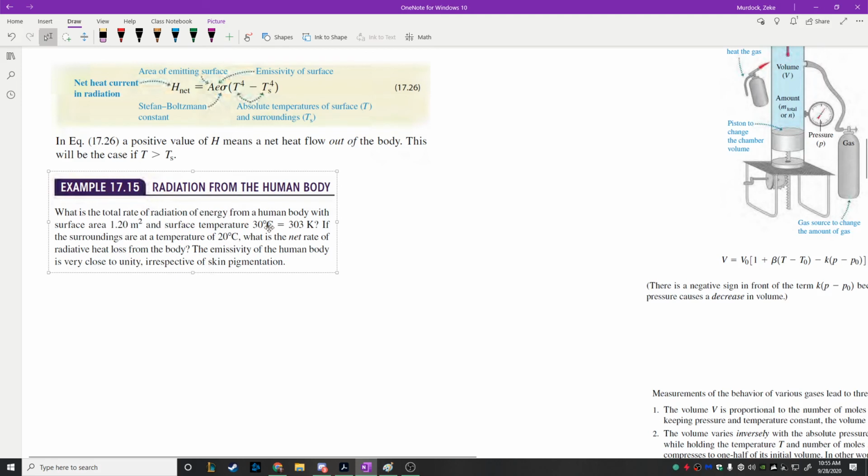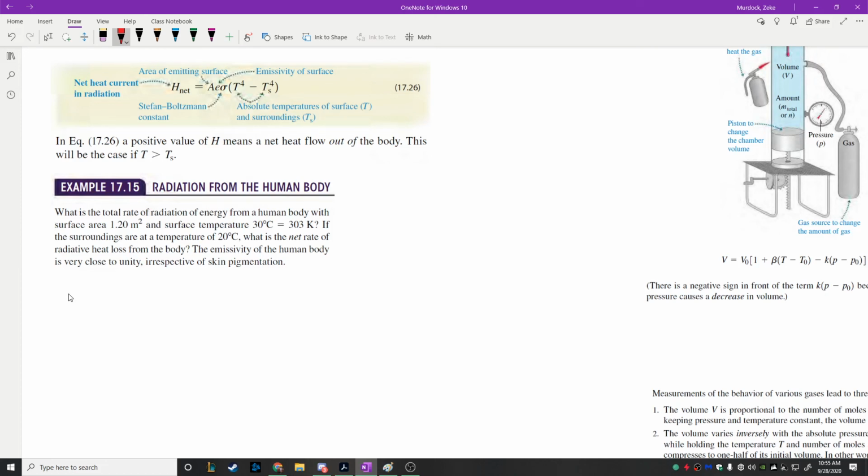A surface temperature of 30 degrees Celsius, if the surroundings are at a temperature of 20 degrees Celsius. What is the net rate of radiative heat loss from the body? And it says the emissivity of a human body is very close to unity, regardless of your skin pigmentation. So our bodies are almost like what's called a black body, a perfect radiator.